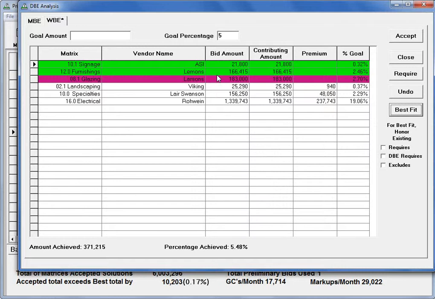I would probably want to do this as close to closing time as I would feel comfortable in order to get the best analysis for these different DBE categories, waiting till I had as many bids from these types of contractors as I could.